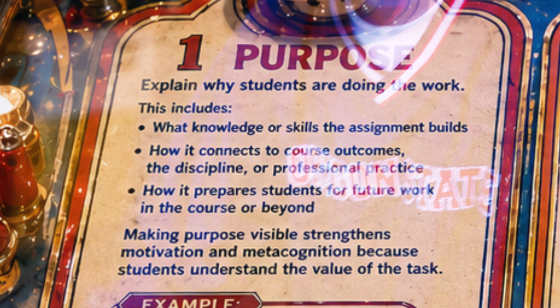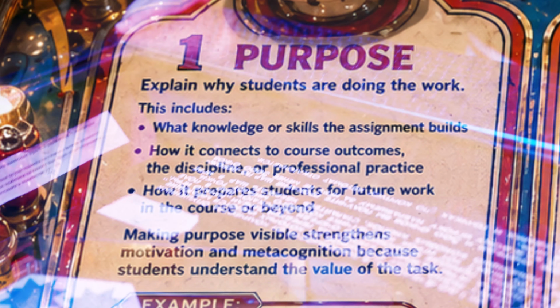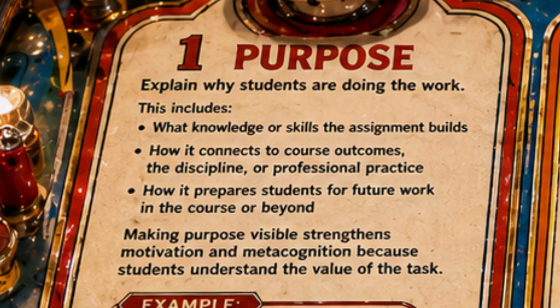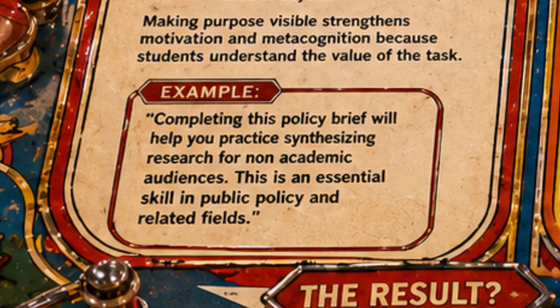Making purpose visible strengthens motivation and metacognition because students understand the value of the task. For example, completing this policy brief will help you practice synthesizing research for non-academic audiences. This is an essential skill for public policy and related fields.